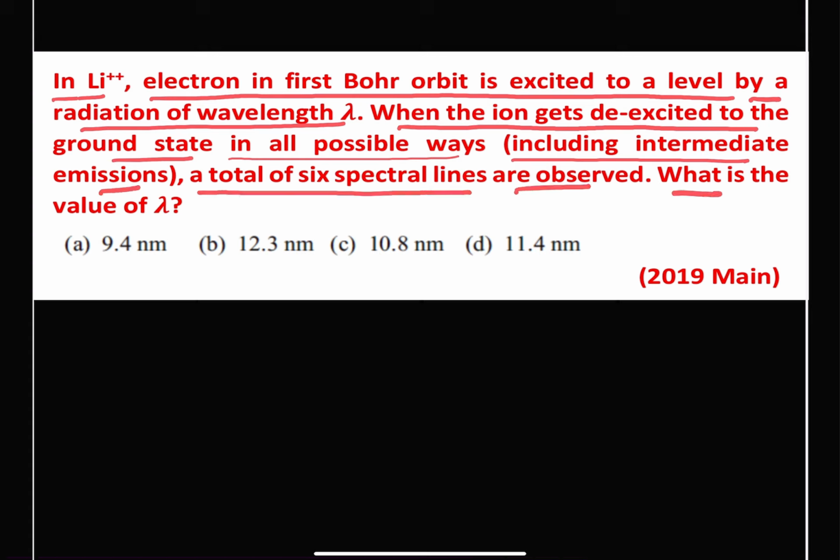What is the value of lambda? So here we are given that initially it is excited from the first orbit to a certain level, and then it's de-excited to the ground state, and total lines observed are 6. And based on this we have to find out what will be our value of lambda.